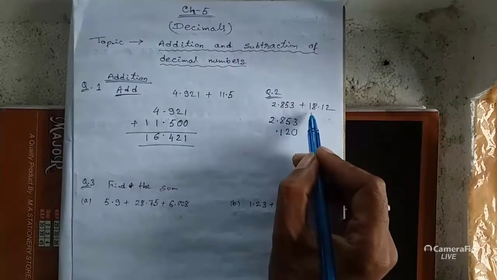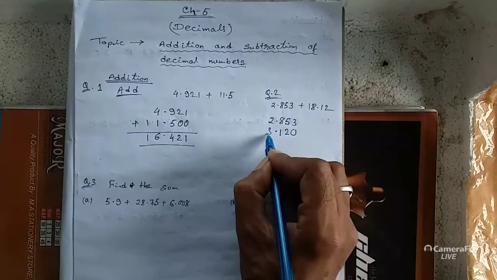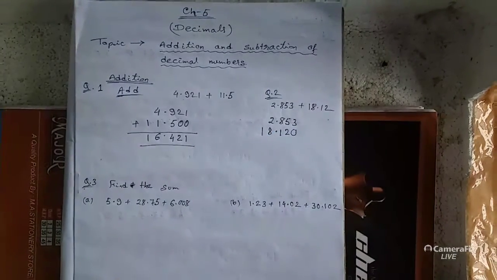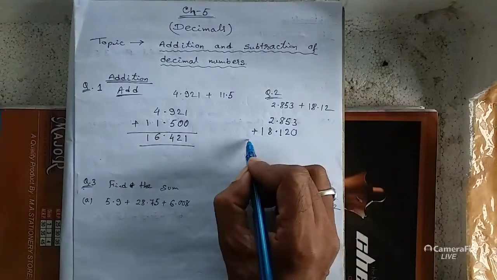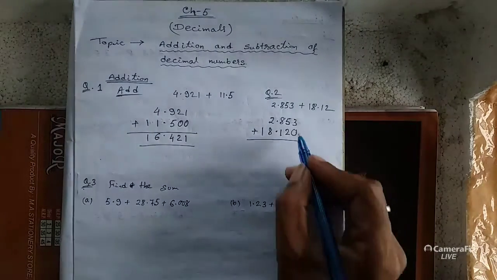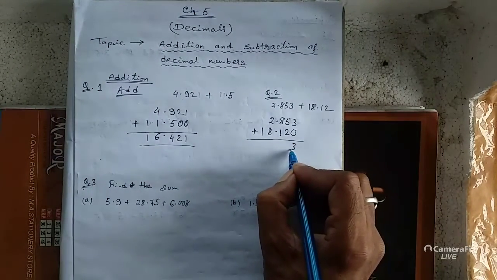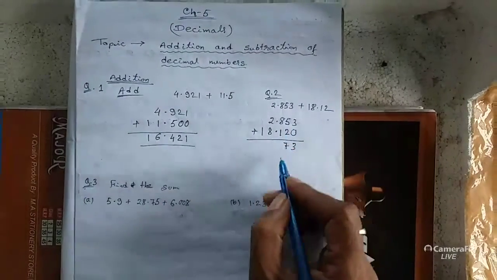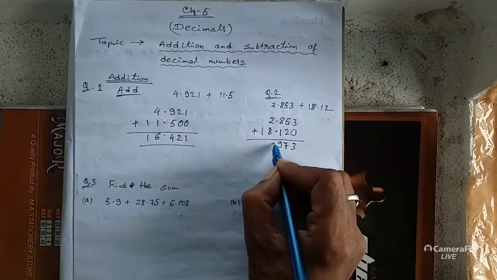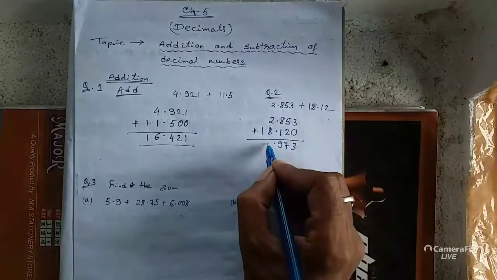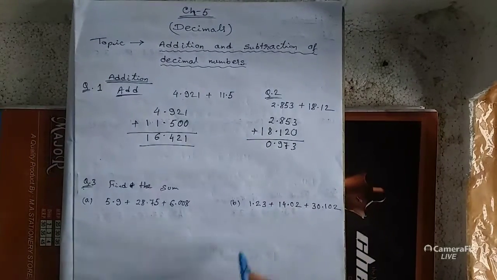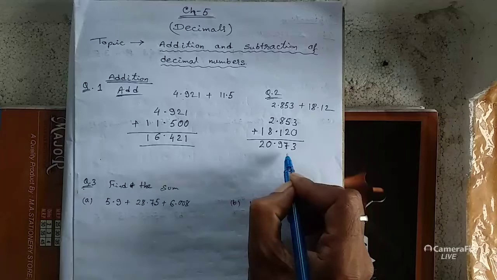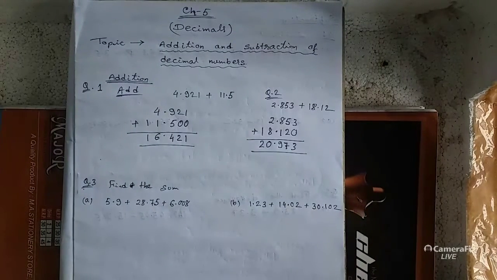On the left side of the decimal 8 and 1. Now give the addition sign and add. 3 plus 0, 3; 5 plus 2, 7; 8 plus 1, 9; decimal; 8 plus 2, 10, 1 carry; 1 plus 1, 2. So the answer becomes 20.973.